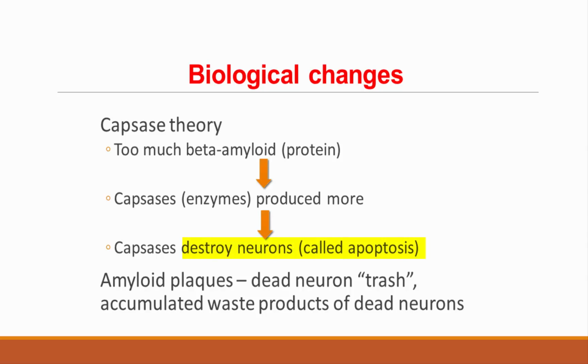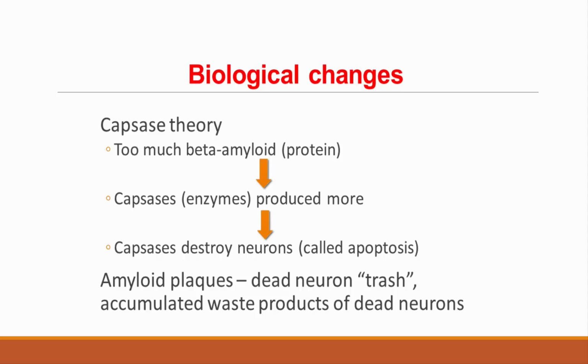This enzyme destroys neurons, which are our brain cells, and this process is called apoptosis, which is cell death, right? So we have too much of this protein, some kind of enzyme ends up destroying our brain cells or our neurons, and that results in amyloid plaques, which is dead neuron trash. It's the accumulated waste products of dead neurons.